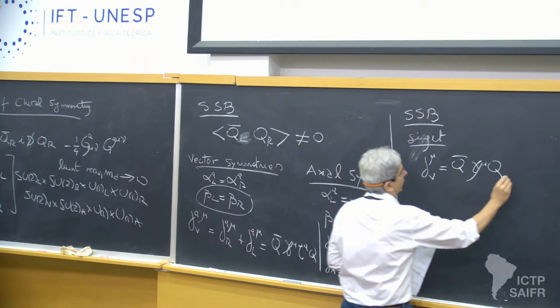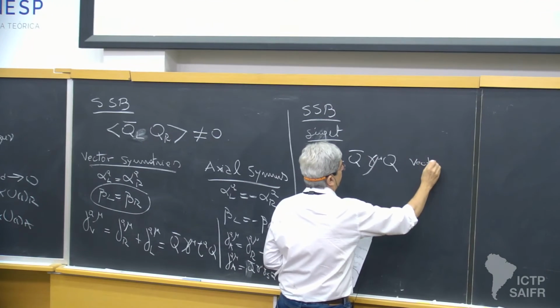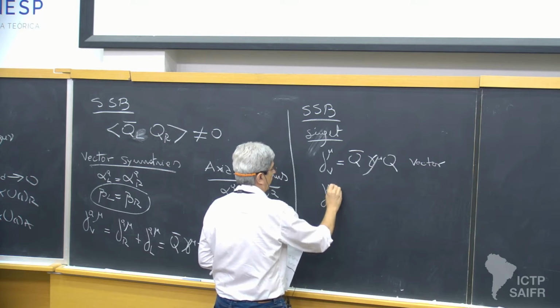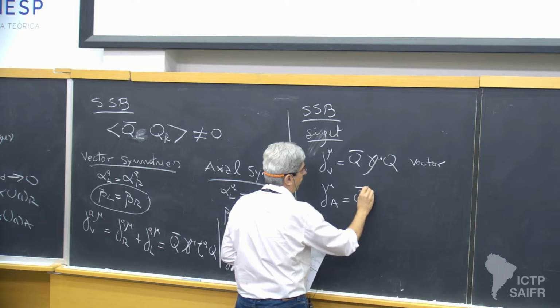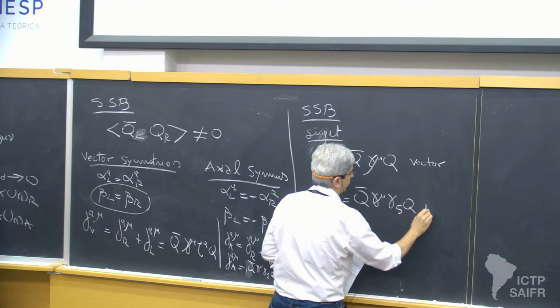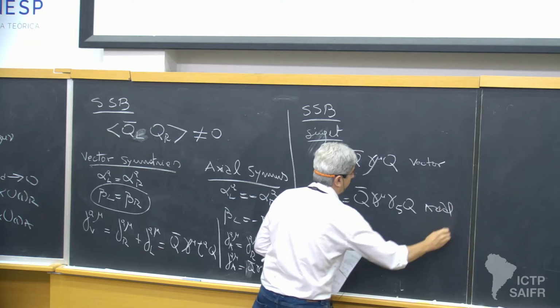So this is the vector singlet. And then the axial, obviously, will be with the gamma 5. So we have all the currents.